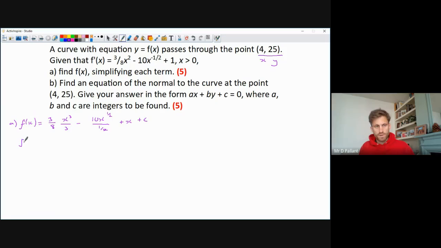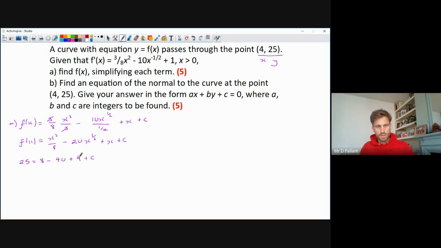So let me simplify that. Cancel those 3's. x cubed over 8 minus 20x to the 1/2, plus x plus c. And then I can use this point to calculate this. 4 cubed, 64 over 8, that's 8, minus 20 square root of 4, so that's minus 40, plus 4 plus c.